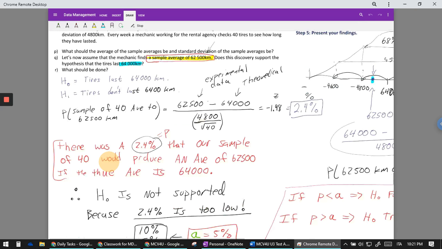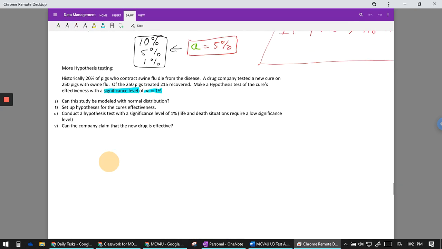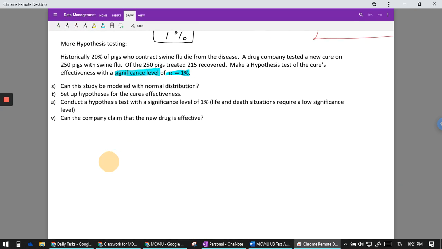So we're going to do that again here. A little extra bonus question. So let's read this one. Historically, 20% of pigs who contract the swine flu die, unfortunately, from this disease. Now, we've got a company that's tested out a new cure on 250 of these pigs.